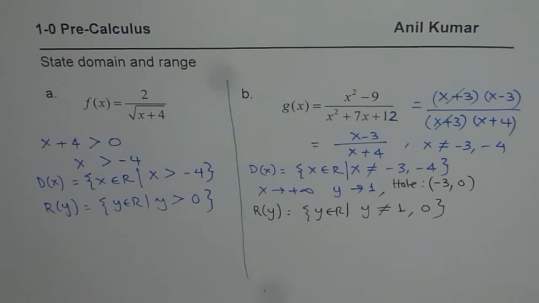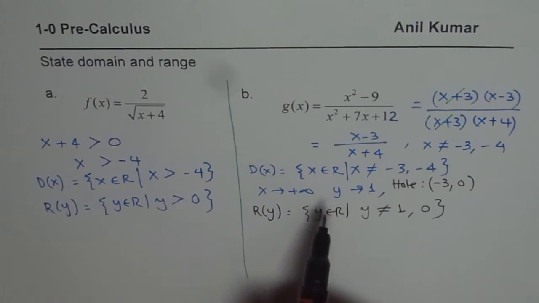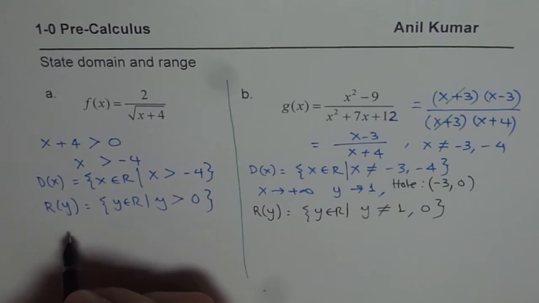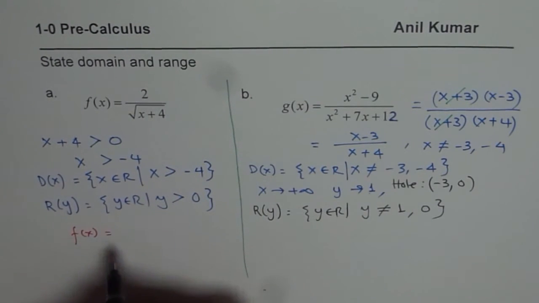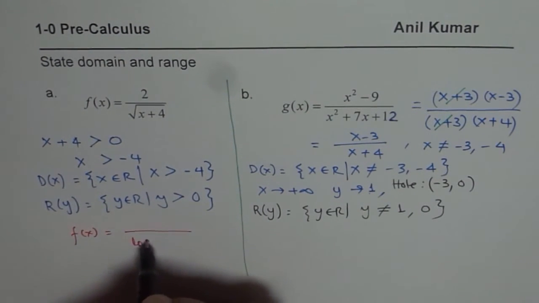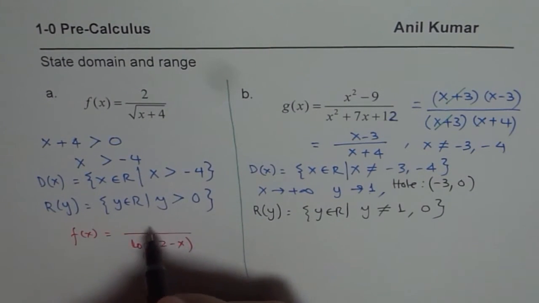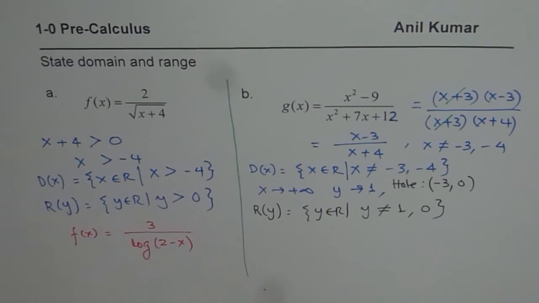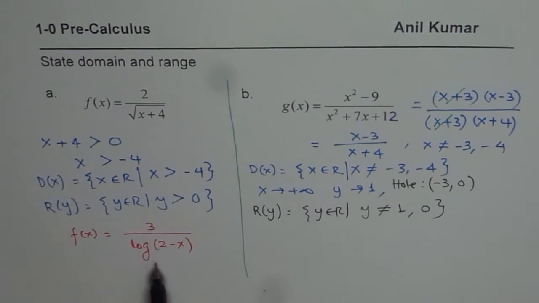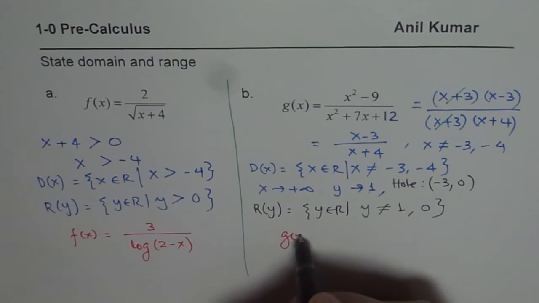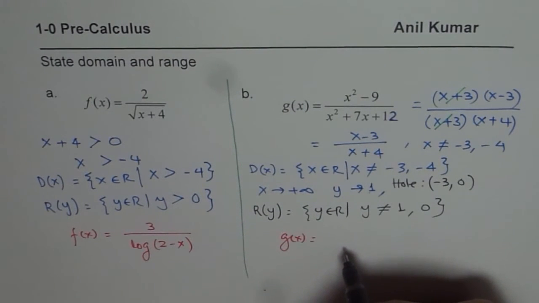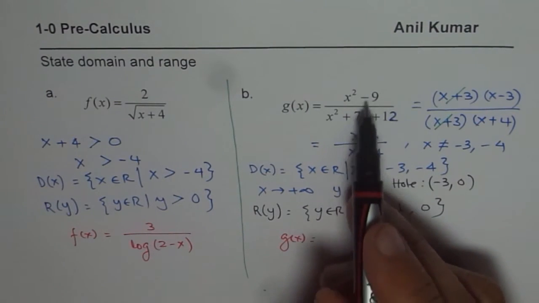I'd like you to review similar examples so that you are familiar with most of the functions, and then you can write down the domain and range for those functions. One of those could be, let us say, f of x equals log of 2 minus x, correct? So you can write this as, let's say, number 3. Those are the functions which you could practice with, and you can also look into functions which involve rational functions like we have here.